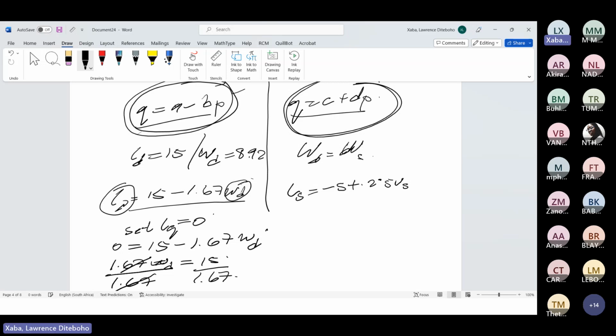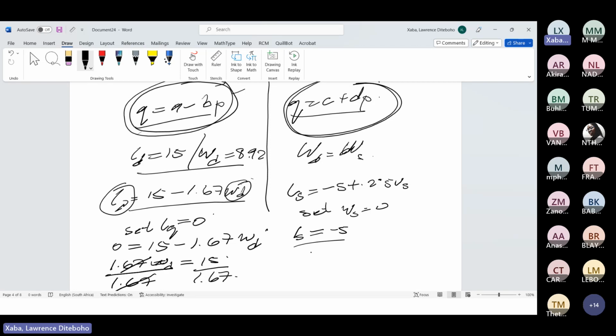We want to have values like 15 and 8.92. Then we set W equals to 0. When we do that, we end up having L subscript S equals to -5.